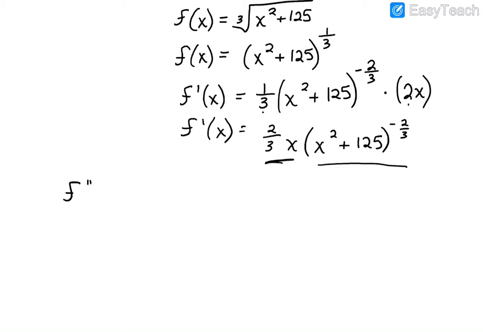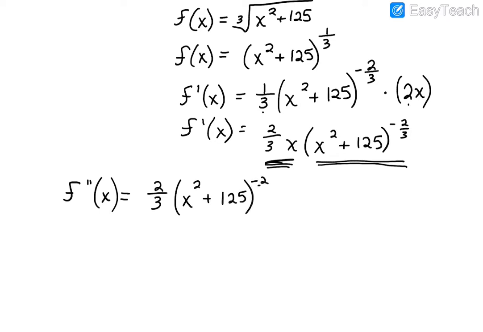So we move on to our second derivative. With the product rule, it says take the derivative of the first term. So the derivative of this 2/3 x is just 2/3. Multiply it by the second term, so that is times x squared plus 125 to the negative 2/3.